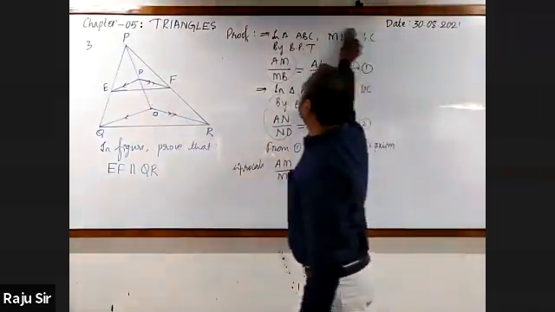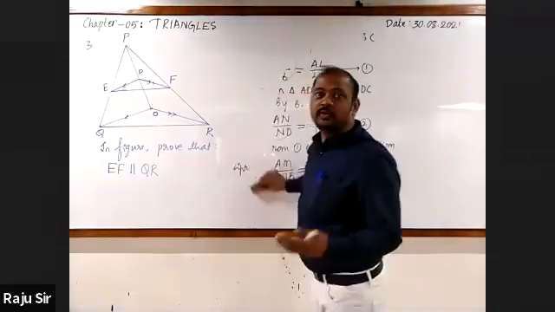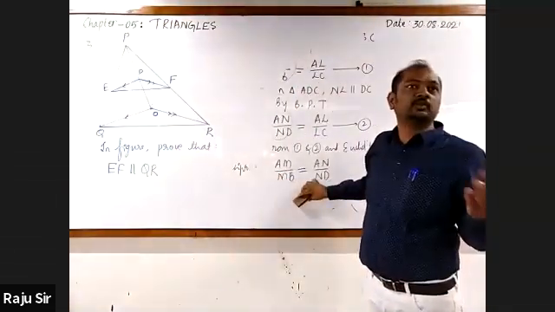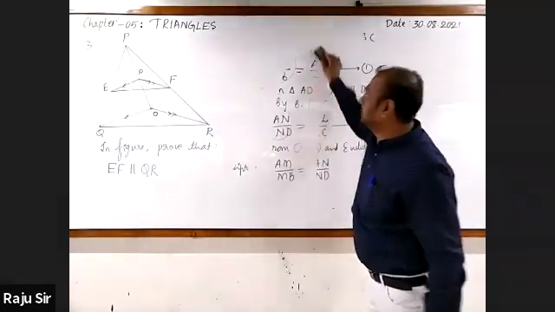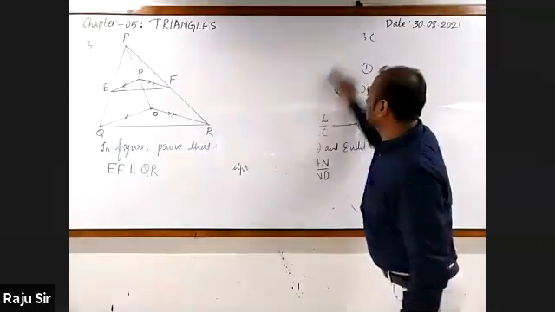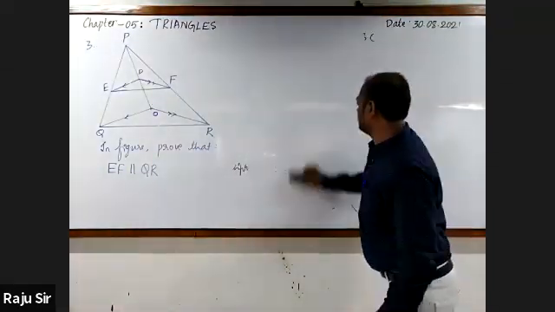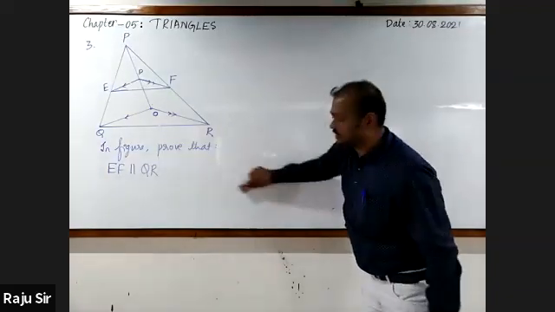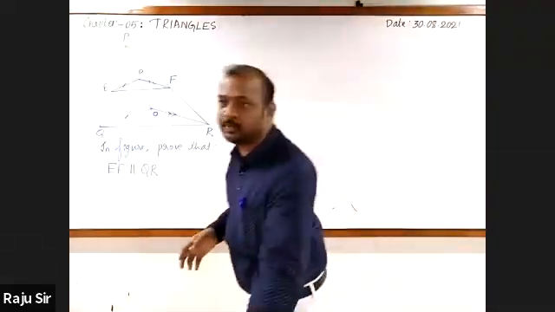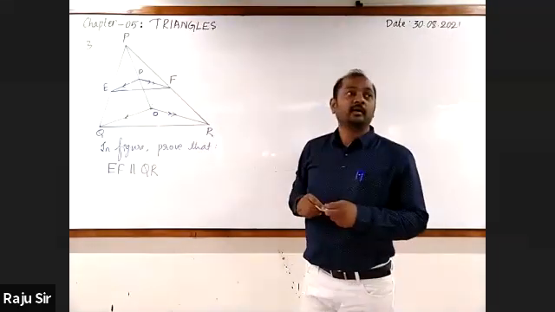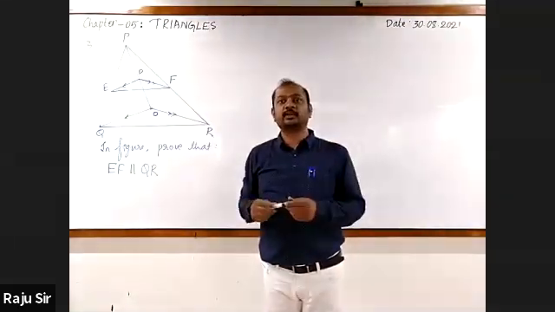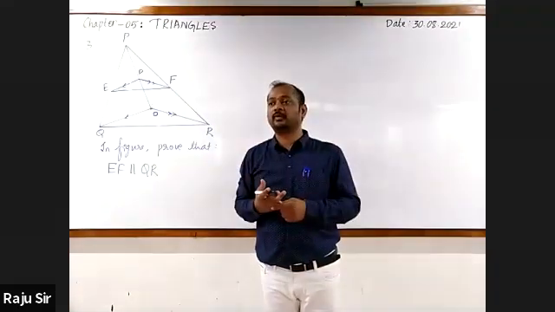Now, could you tell what condition should be followed to say the line drawn in a triangle is parallel to the third side? Converse of BPT should be followed. Converse of BPT, we will go for using that. But what condition must we follow?